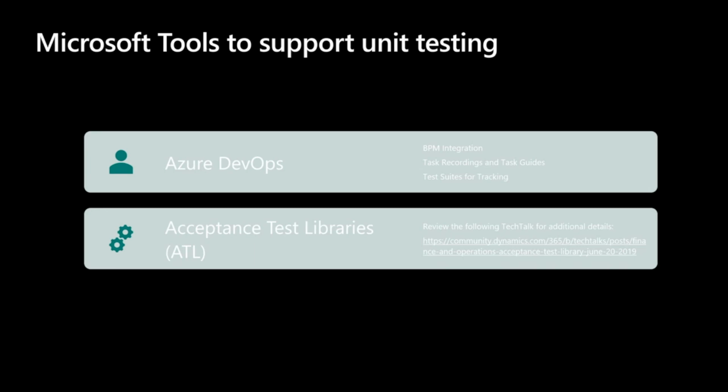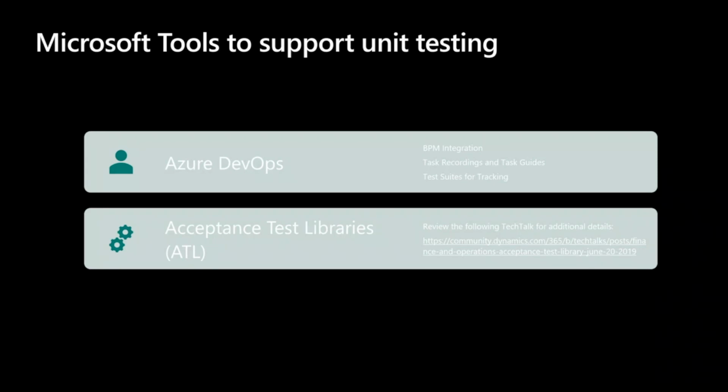And then you also have the ability to link your Azure DevOps to your LCS environments, so you can do your integrations with your business process models and your business process libraries. You can also create task recordings and task guides within the D365 application. And then you can also set up test suites for tracking of that unit testing within Azure DevOps as well.